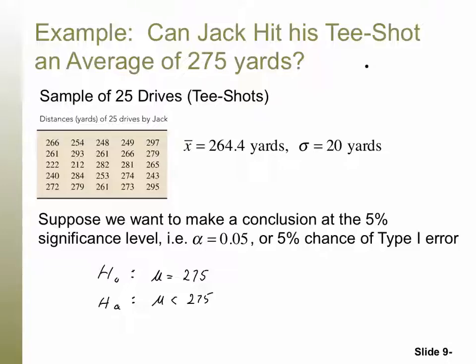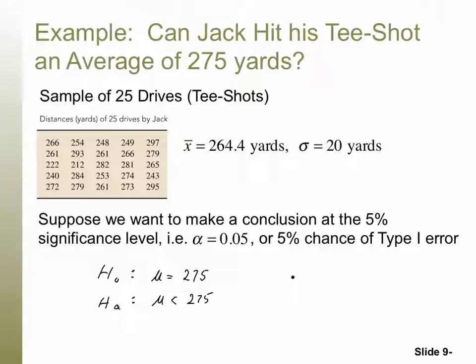Okay, and then the significance level that we picked for this example is 0.05, which means a 5% chance of a type 1 error. And what was a type 1 error again? Rejecting the null hypothesis when we should not have. Right, so a type 1 error is, in this case, he does hit it 275 yards on the average, okay?